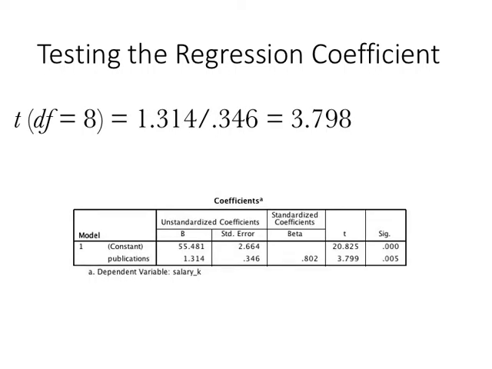If we look at the output that I showed you earlier in SPSS, there's our B, and there's our standard error, and 1.314 divided by 0.346 is going to be equal to 3.799.